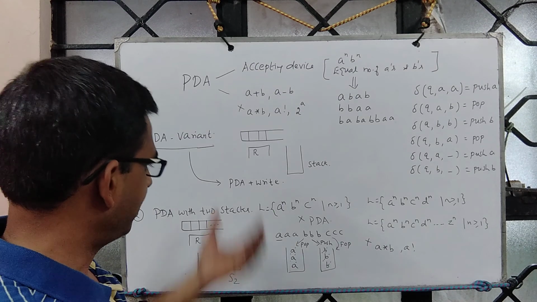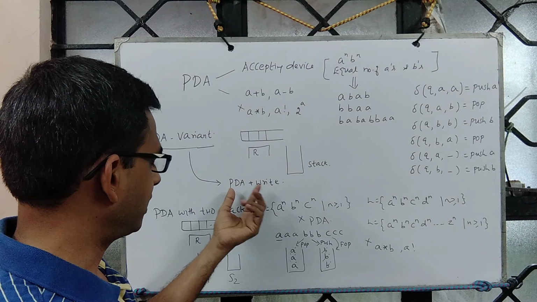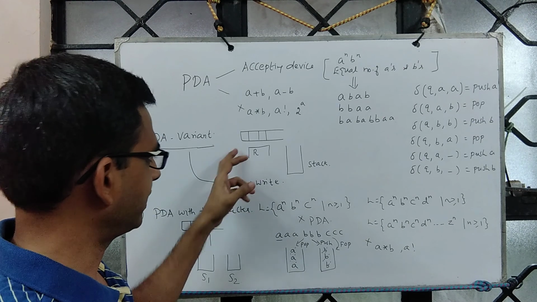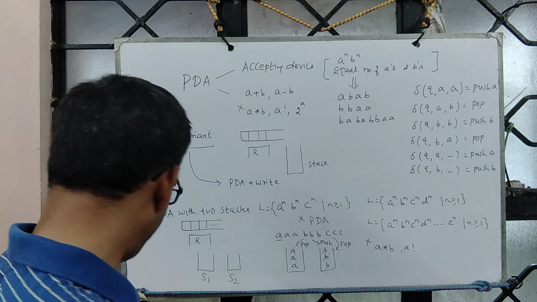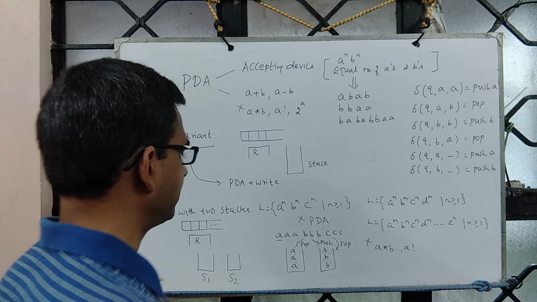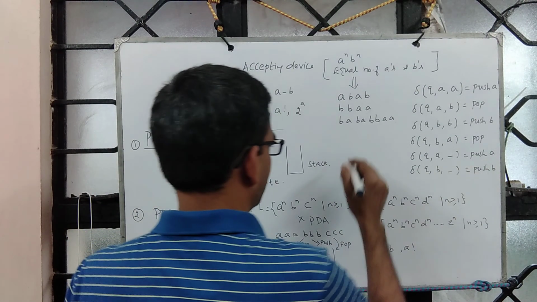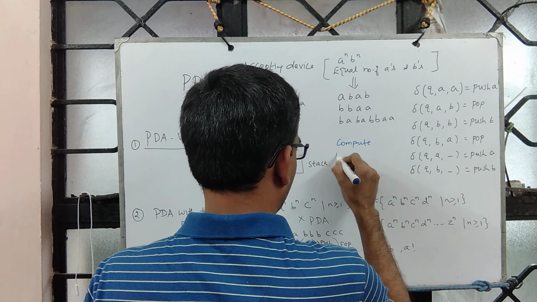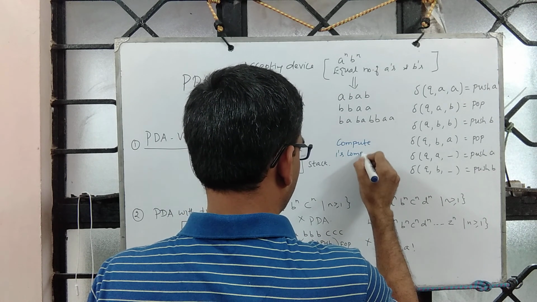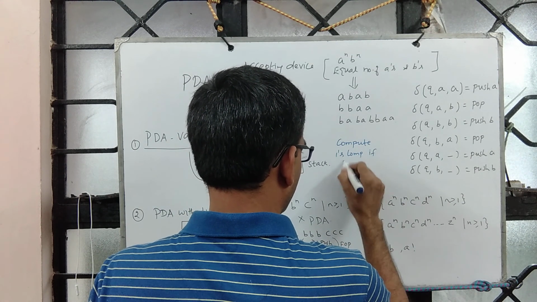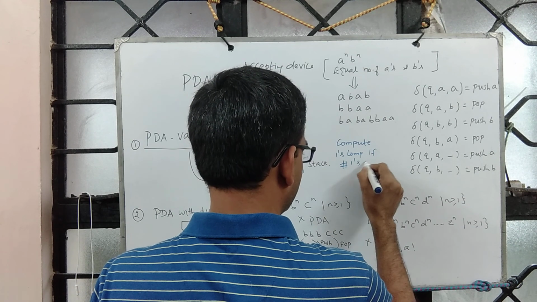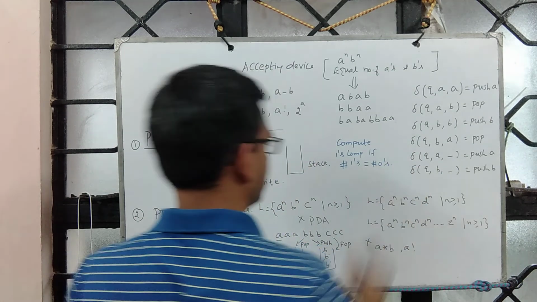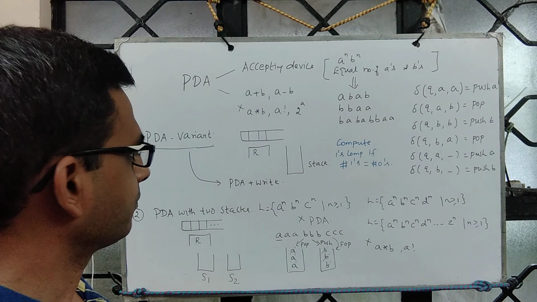And again, this one we know that it is also allowing us to permit write operation onto the stack. One simple case study, very similar to what we have seen before, is compute one's complement if number of ones is same as number of zeros. Okay.